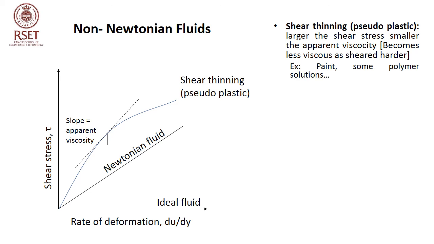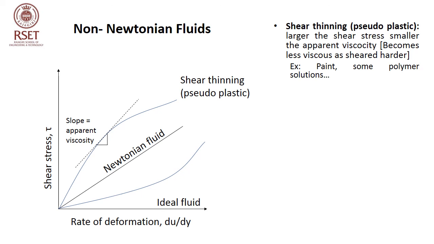Some examples are paint, polymer, etc. Paint, for example, after a long period of time will harden, and the resistance to flow will be much higher. So before painting, people shake it at a higher shear rate so that the viscosity gets reduced. When the shear rate increases, the viscosity also decreases, so it is easy to flow.